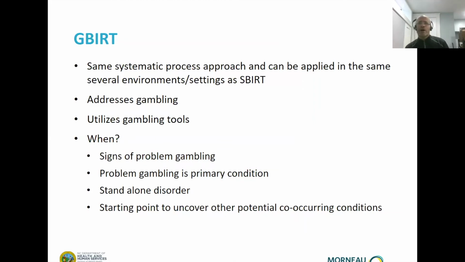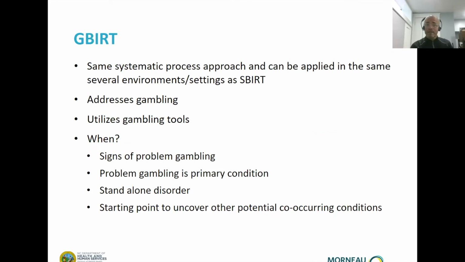if they come into your office and they just talk about gambling versus any mention of a substance. They might mention substances, but they talk more about being in the casino for 2 or 3 days versus their problems with alcohol or opiates, let's say. So when there's signs and they lead with their gambling issues versus a substance, that's a good indicator to use GBIRT.